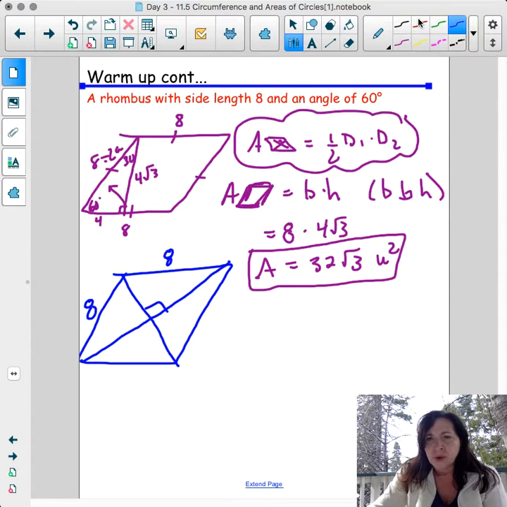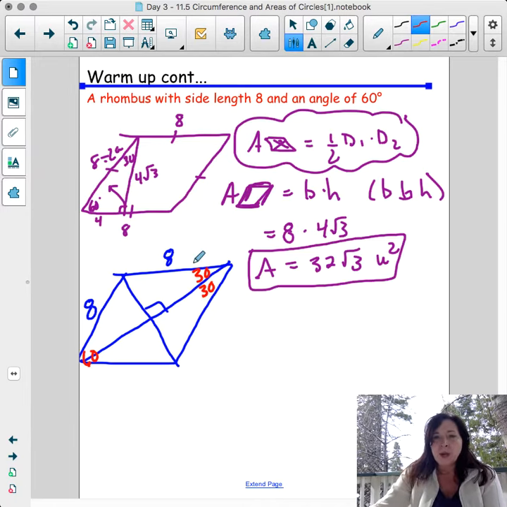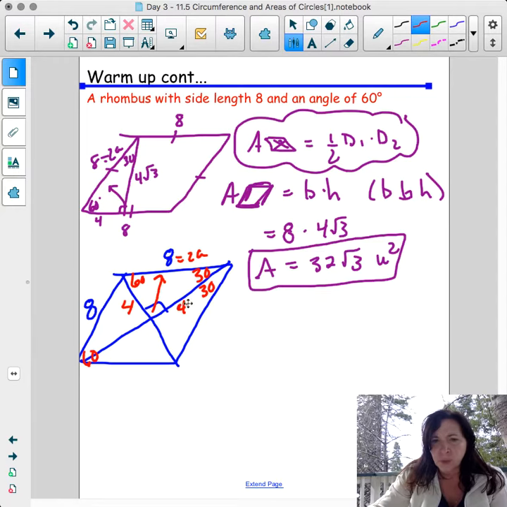We also know that the diagonals of a rhombus cut the 60-degree angle into 2 equal parts, so they are both 30. This would mean that this is equal to 2a, this being 60. A would equal 4, across from here, and across from the 60 would be 4 root 3.